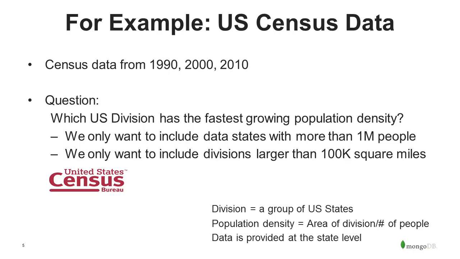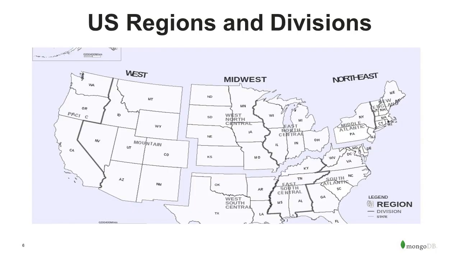So if you take all the states in a particular division and add up their areas, and then you divide that by the number of people, we can look at the differences in population density between these different time points, 1990, 2000 to 2010, and then try to determine which one is growing at the fastest rate. So when we get to the answer to this, you're going to see it's a fairly complicated aggregation, but we're going to start off with some basic things and look at how you can solve that.